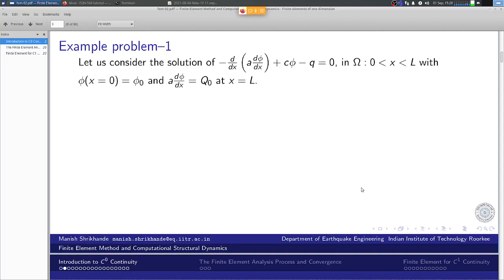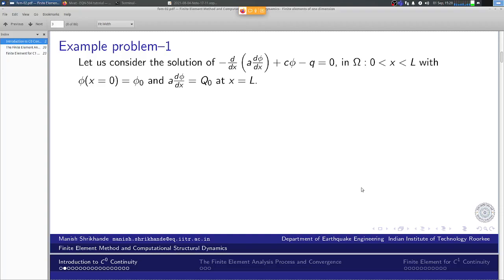So let's work with reference to an example. Let us consider the solution of this second order differential equation, negative of d over dx of a d phi by dx, plus c phi minus q is equal to 0.